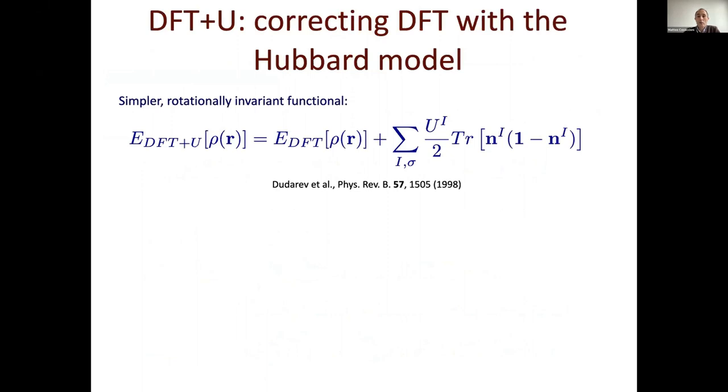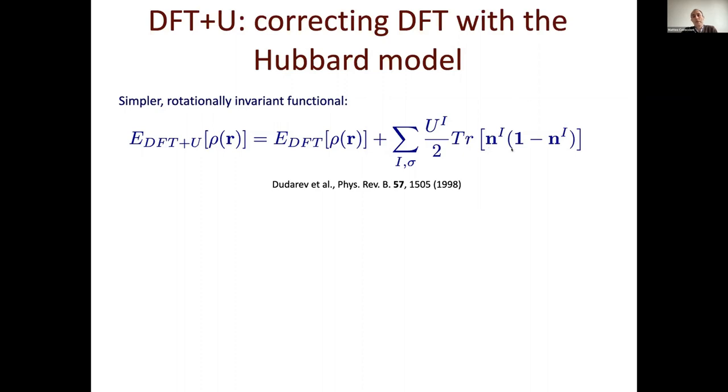Now, we will focus on a simpler expression that was also introduced yesterday by Professor Mazzari, which is due to Dudarev and goes back to '98, which is given in this formula here, where we have the U, this is still the Hubbard U, representing the interaction between electrons on the same Hubbard site, times the trace of n_i (1 minus n_i). So n_i is the occupation matrix of the ion, the cobalt, let's say, ion that we're considering.